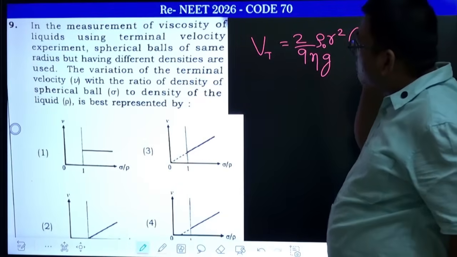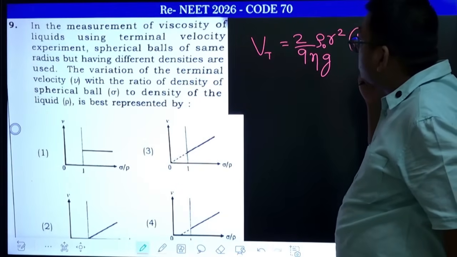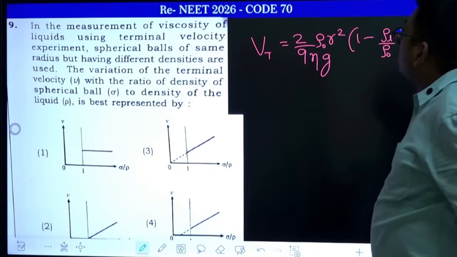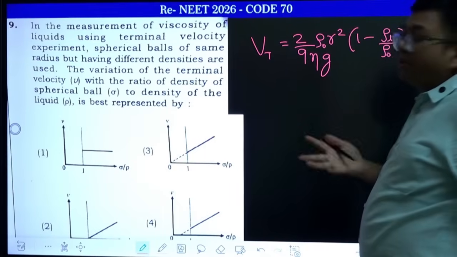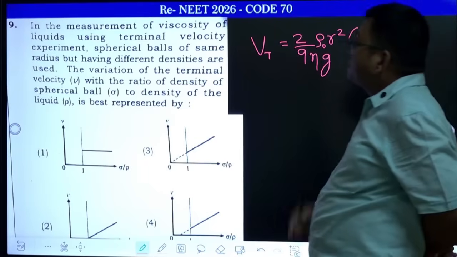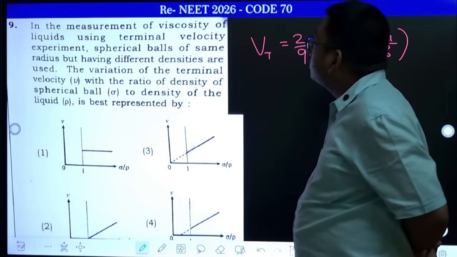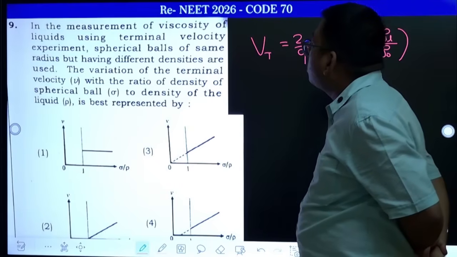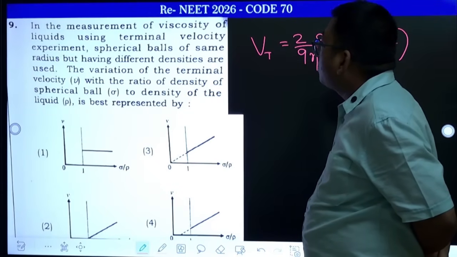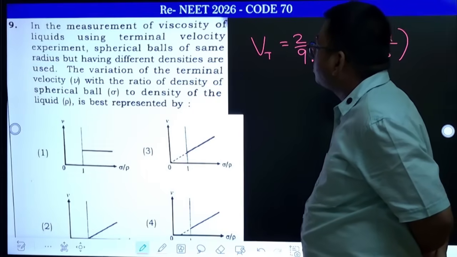Okay, so what is the question? The variation of terminal velocity with ratio of density. I think this is the ratio of density. No, no, this is object and liquid. Liquid density will be same here. Object density, the ball density is changing, right? Variation of terminal velocity v with ratio of density of spherical ball and density of liquid. Liquid density is rho and ball density is sigma.